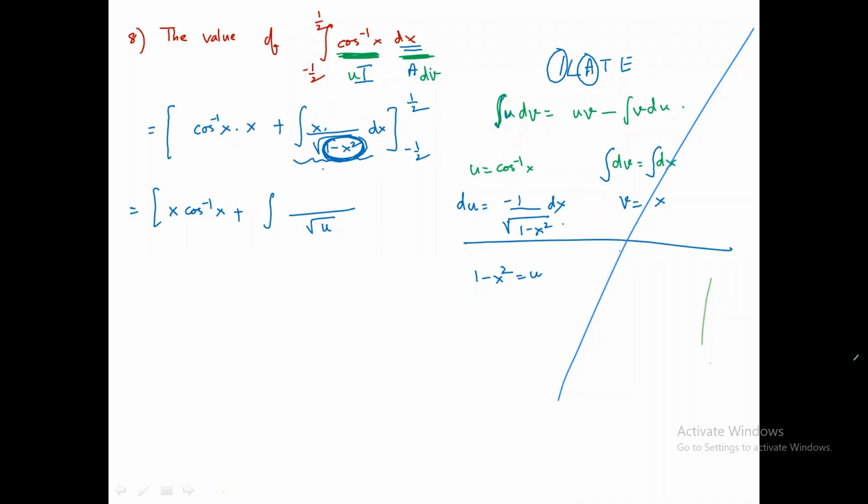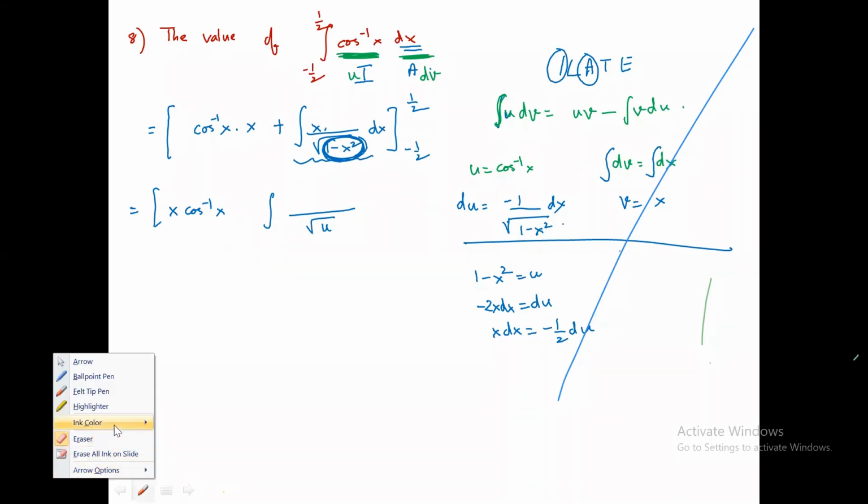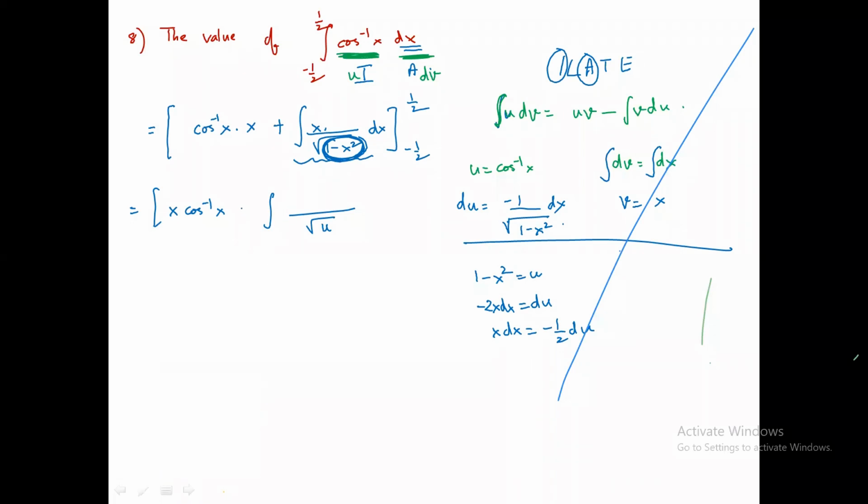But what about this x and dx? Find the derivative. Minus 2x dx equal to du. X dx will be minus 1 by 2 du. So instead of x dx in the numerator, I will write minus 1 by 2 outside and du. Of course, the bounds I will use later.